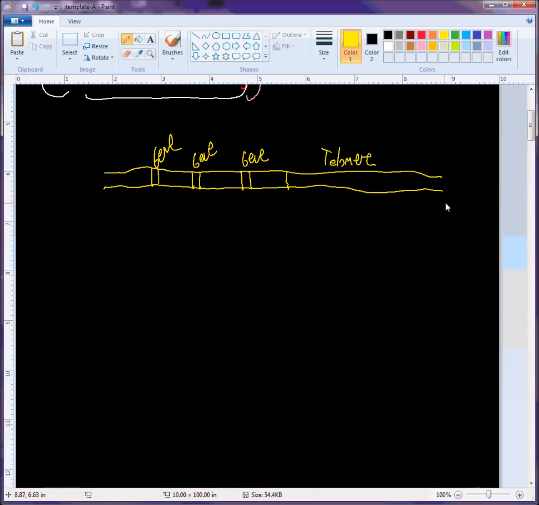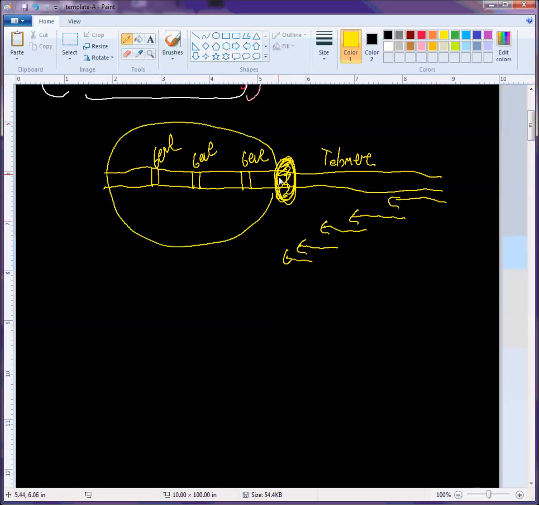So if these telomeres are shrinking with each round of replication, after many rounds of replication, eventually we're going to end up in here. Then we're going to have a cell with no telomeres, the ends aren't going to be protected, and eventually we're going to lose these genes, and the genome of that cell is going to be really unstable, and eventually the cell is going to be lost.